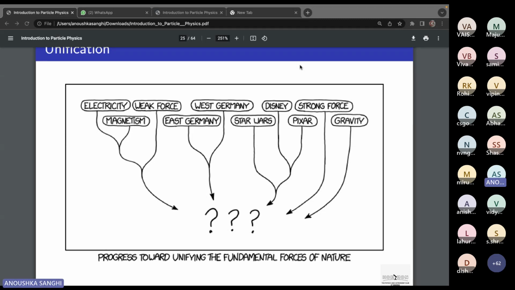Also, when we talk about the grand unified theory and the theory of everything, I think there is some kind of competition between the two. We don't know what is 100% valid, so the clear picture of unification is still not there with us.